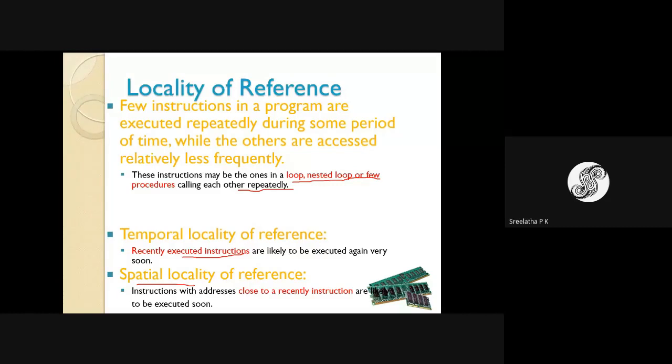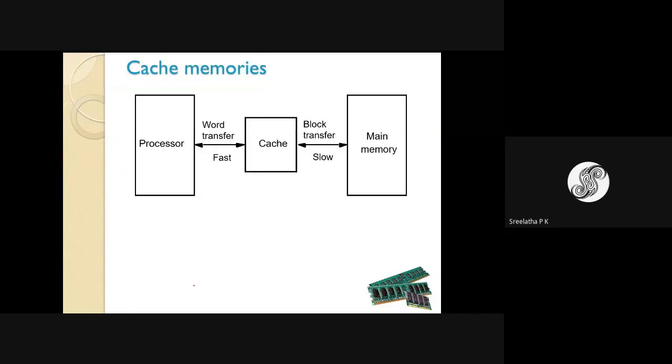If it is a sequence of instructions, the whole block of memory will be copied to the cache memory. Now, this is the diagram. You can see that the cache memory is nearer to the processor when compared to the main memory. This is main memory, RAM.